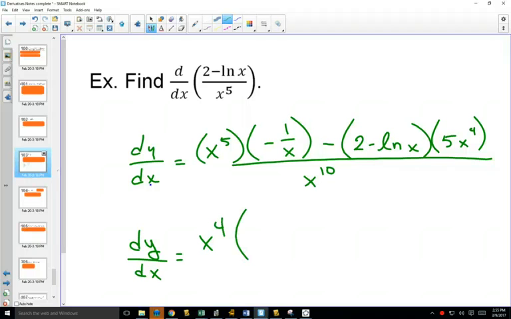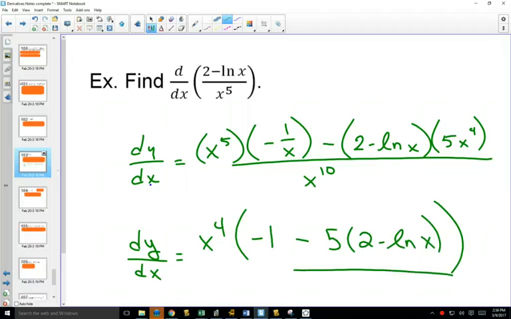What would I be left with? Well, here, this is a negative x to the 4, so you would just be left with a negative 1, minus, and there you'd still have the 5 and the 2 minus the natural log of x. And on the bottom, you have an x to the 10.